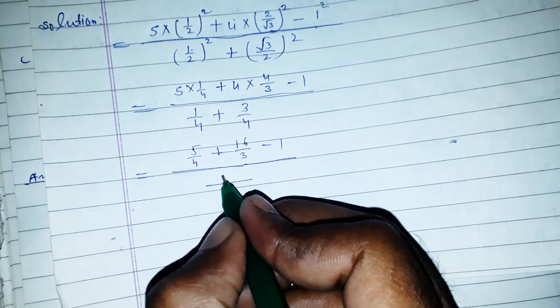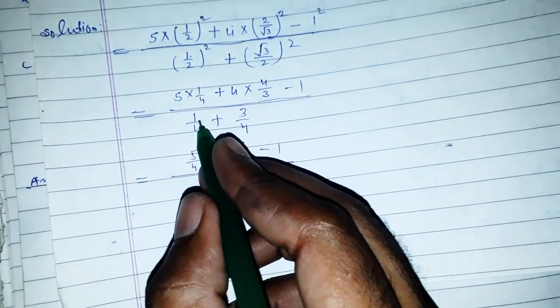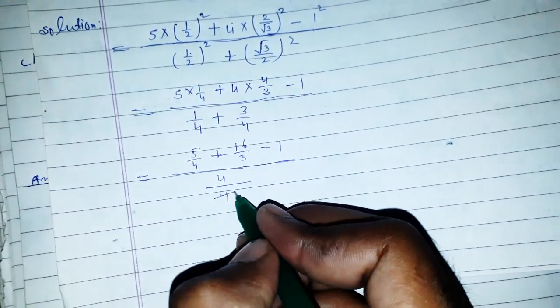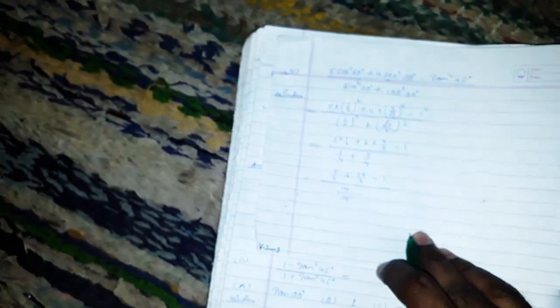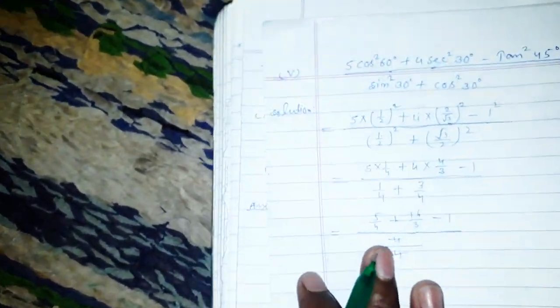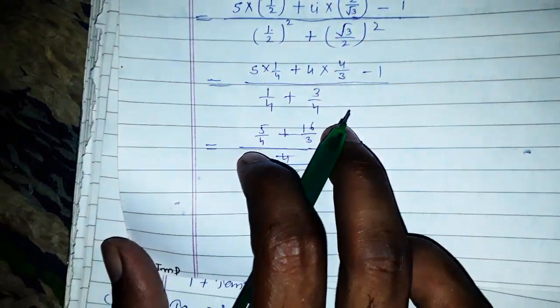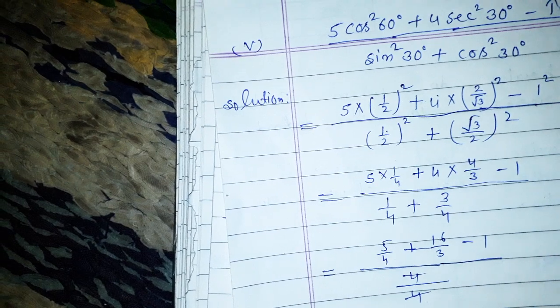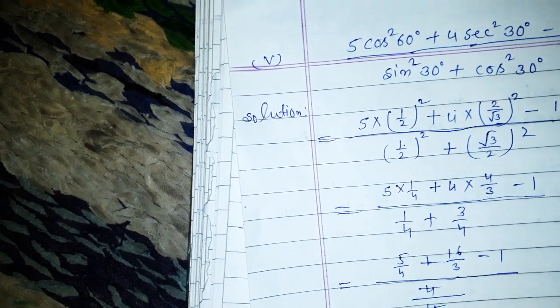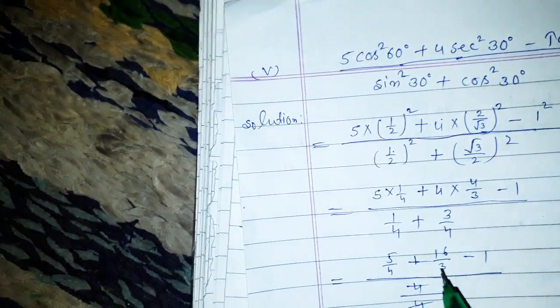This is 4 upon 4 because 3 plus 1 is 4, so this is 1. Now solving only this value. So this is 1, but solving this value.